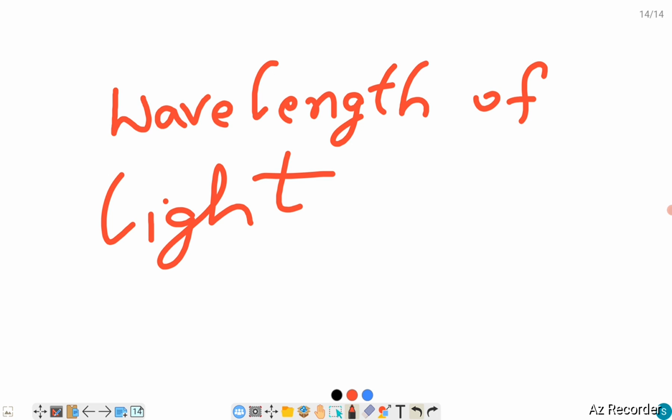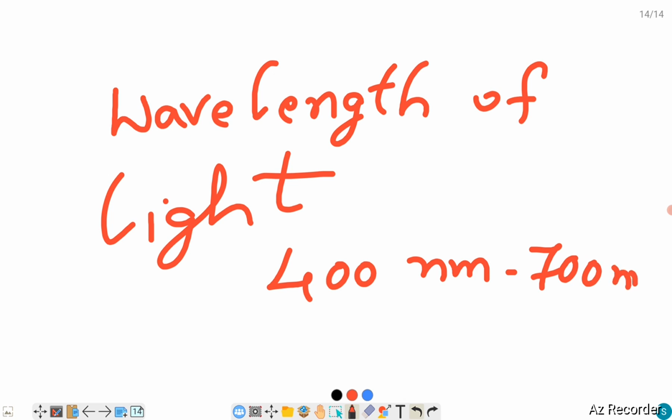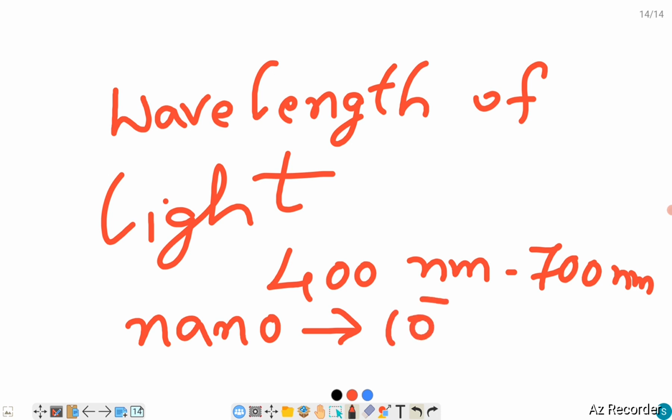The wavelength is 400 nanometer to 700 nanometer. You know nano means, what is nano? Very, very small, that is 10 power minus 9. Okay, just a small point. Remember this. Okay, now until here we will see in the simulator. Then we will understand with mirrors how light reacts.